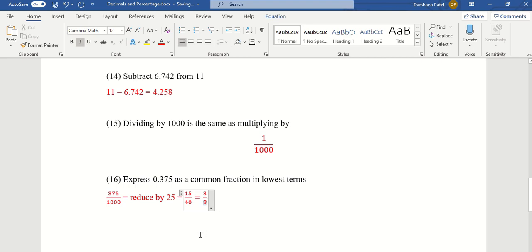Now to double check, because we are doing all of them by 5 3 times, if 375 divides by 125, we will get 3, and 1000 divided by 125 will give us 8. So 3 over 8 is equivalent to 375 over 1000, which is basically writing 0.375 as a common fraction in the lowest terms. Lowest terms means we cannot reduce it further.